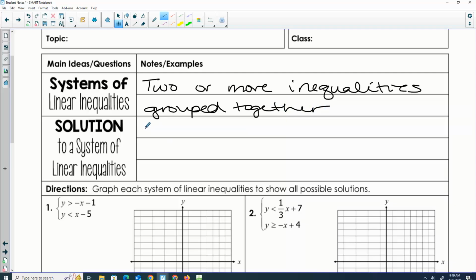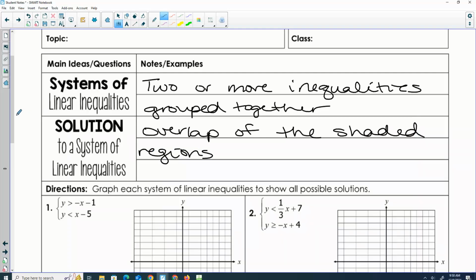The solution is the overlap of the shaded regions. Okay.